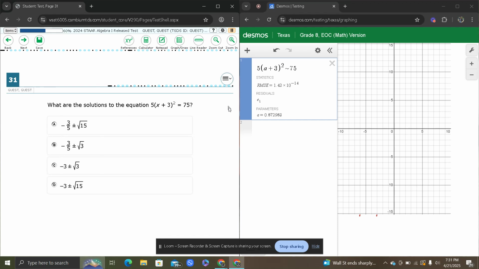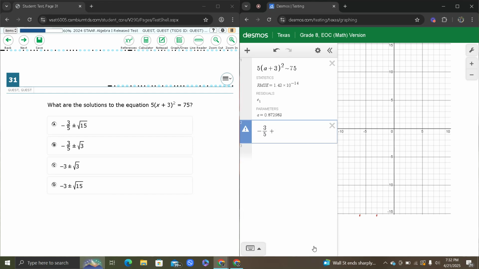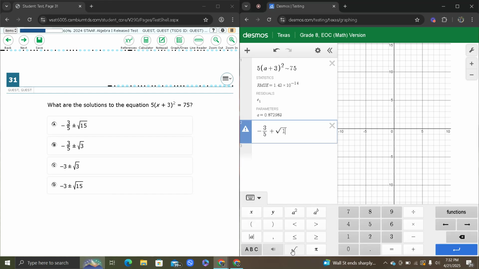So literally all you do is type in your answer choices, and since it's positive, don't worry about the minus sign for plus or minus, just worry about the plus. Which one has a positive solution that is equal to it? So let's start with A. Negative 3 over 5 plus the square root of 15. That doesn't work, so it can't be A. Let's try the square root of 3 now.